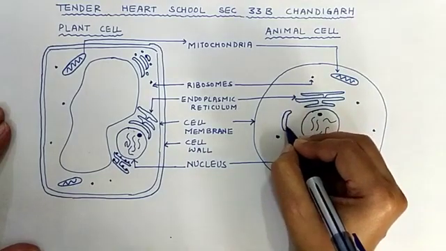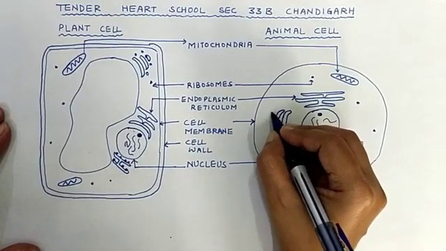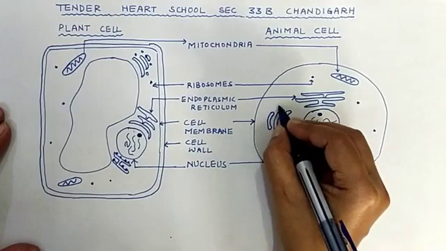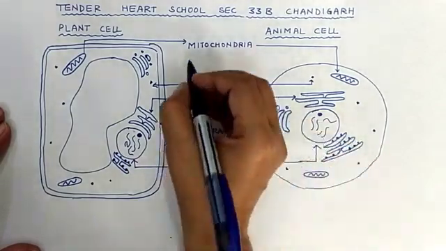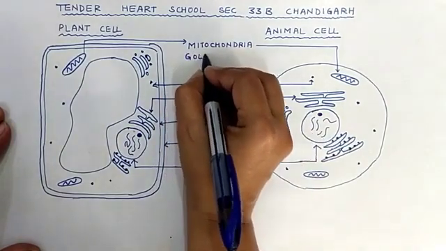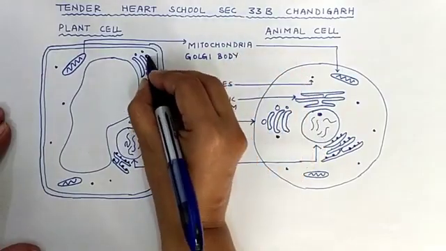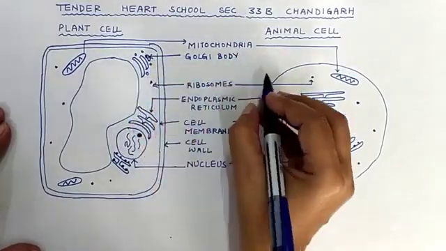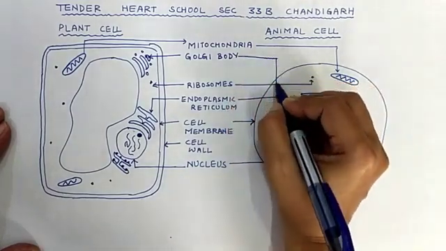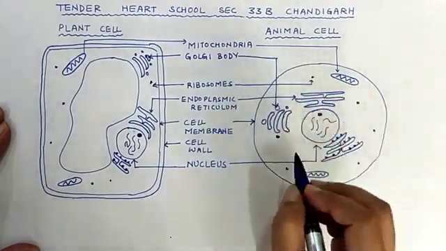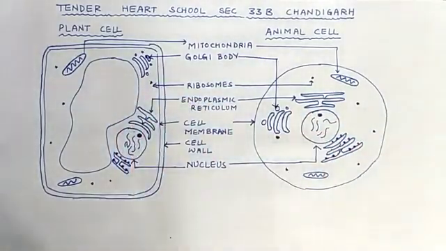The Golgi body, membrane bound organelle, in which synthesis of enzymes, hormones, other secretions of the cell takes place. So this is Golgi body, right? And in the animal cell it is a Golgi body. In the plant cell otherwise it is called the dictyosome, right? So this is our Golgi body, membrane bound organelles, right?